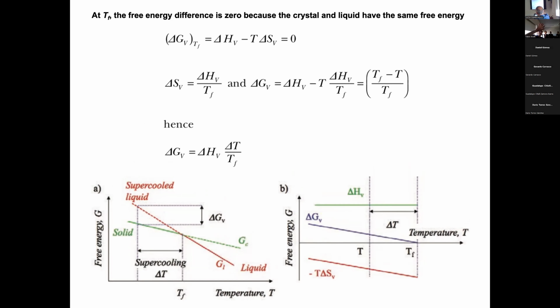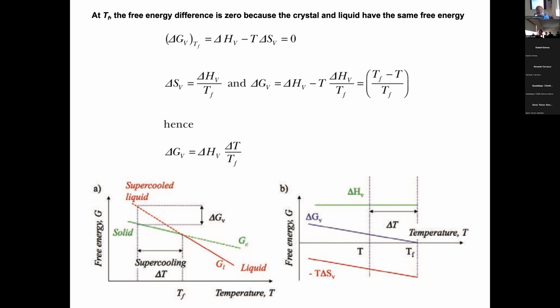If we want to move from what we said so far, from this equation, we can substitute this with this, and basically what we get at the end is that the delta GV can be written as the variation of enthalpy times the difference between the melting temperature and the actual temperature of the system, divided by the melting temperature.